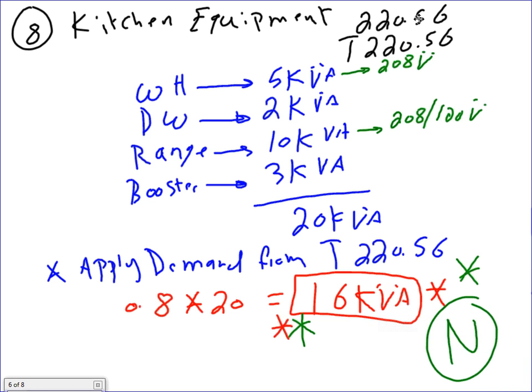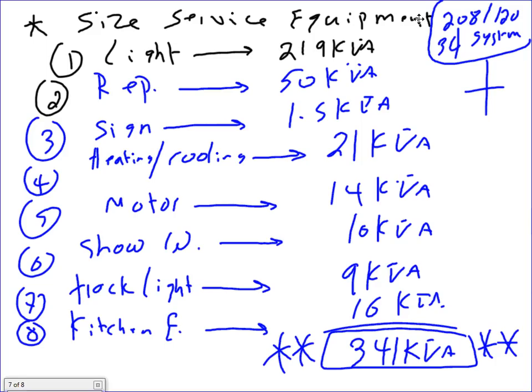All right, let's go then. Now I'm going to come over here, guys, and add only the loads that I need, and I'm going to write them in green. So I need 21 K, right?